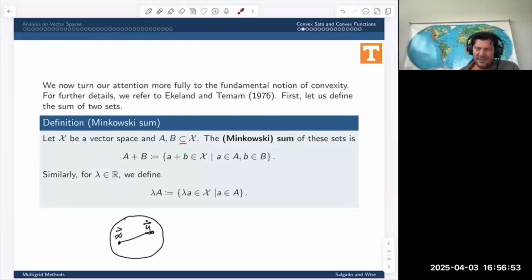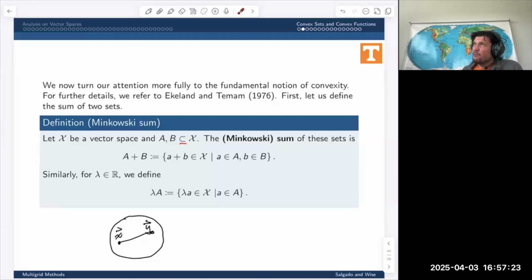This next set doesn't really have a name. It's sometimes called dilation, and it's defined for any lambda in R, and it goes like this. The set lambda times A is equal to lambda a in X for any a in A, right? So lambda doesn't have to be a positive real number. It could even be a negative real number. This is going to make sense, right?